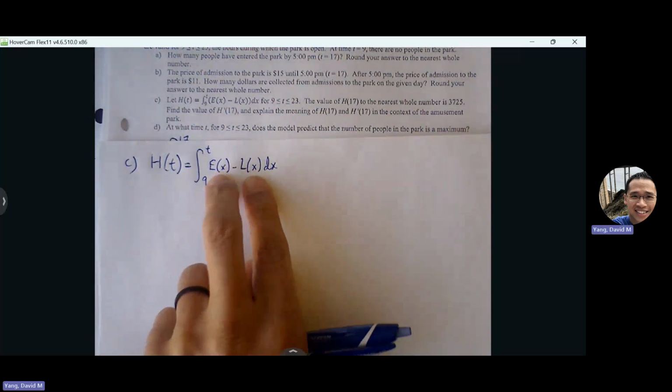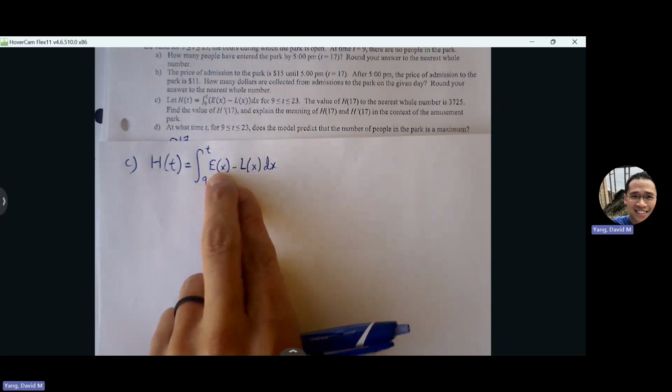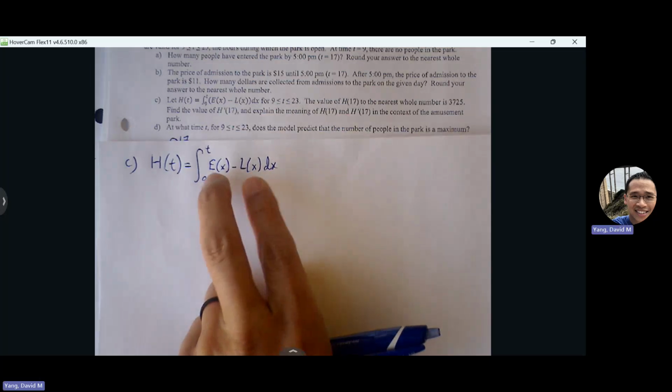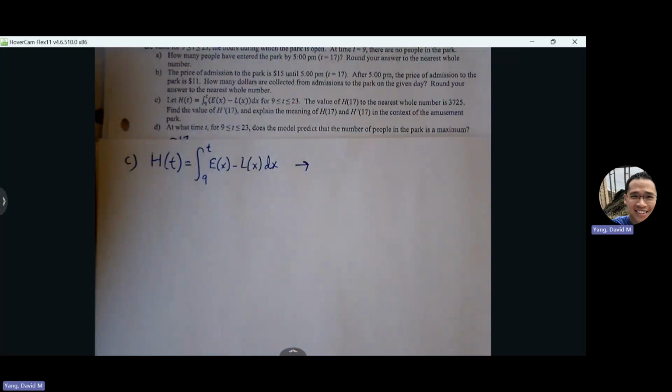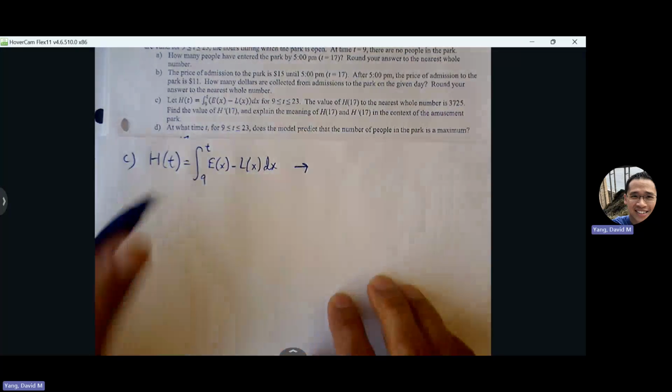So basically, this is taking the integral of E of t and then subtracting the integral of L of t between 9 and some value, okay? And it says the value of h of 17 is 3725. Let's just put in 17 just to see what that looks like.